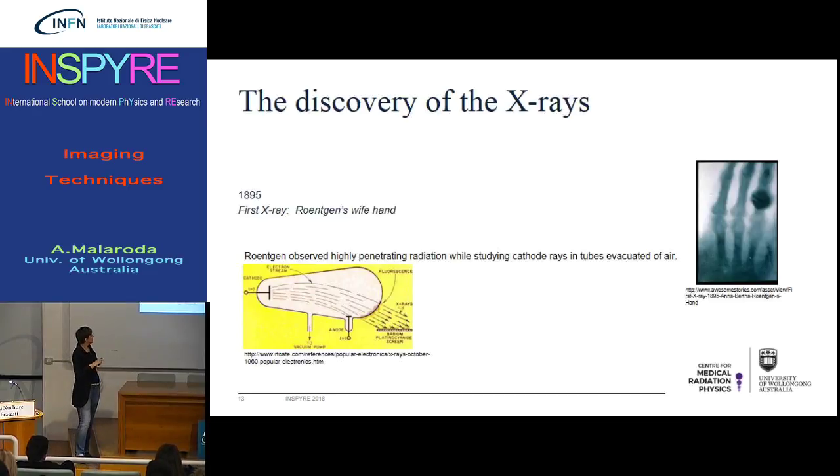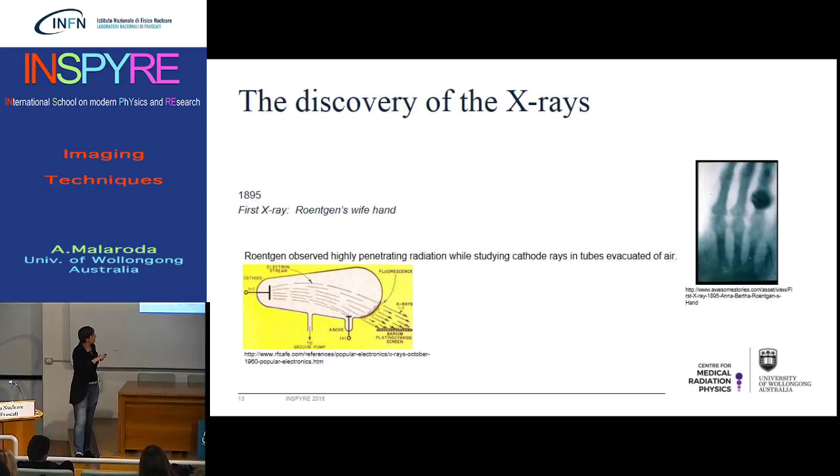So he had an instrument like this, and what he was doing was having some current going through it. He was producing the cathode rays, and then what he noticed was that when they were hitting this part of the instrument, this is vacuum, so it was bending the electrons.